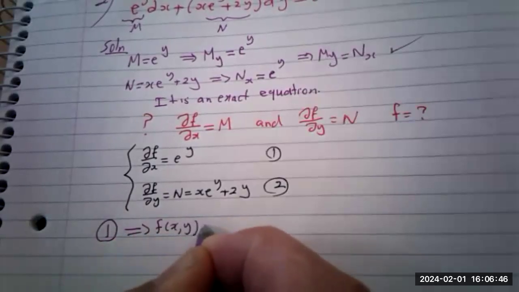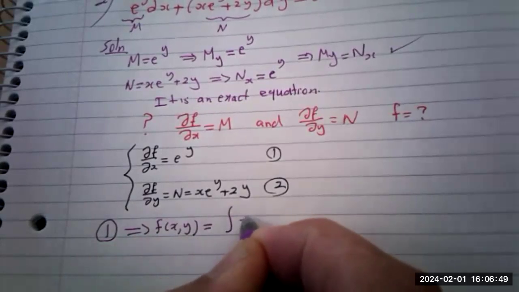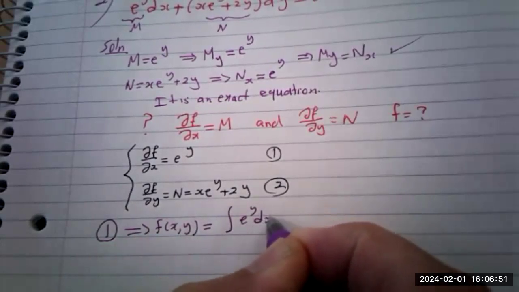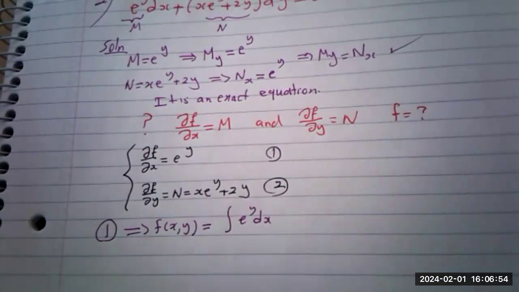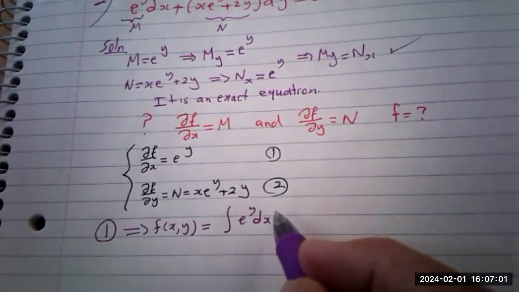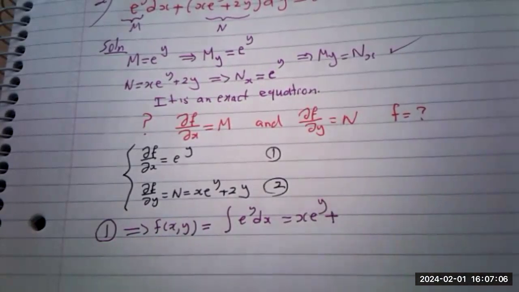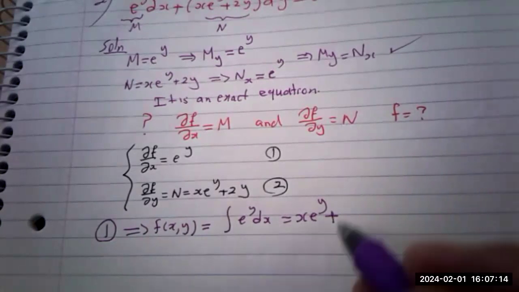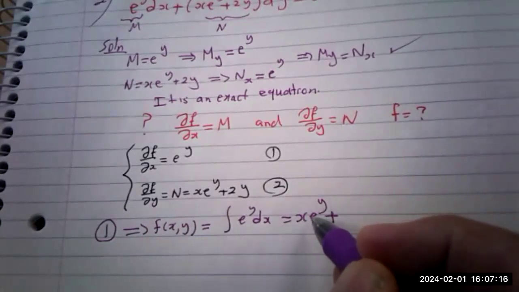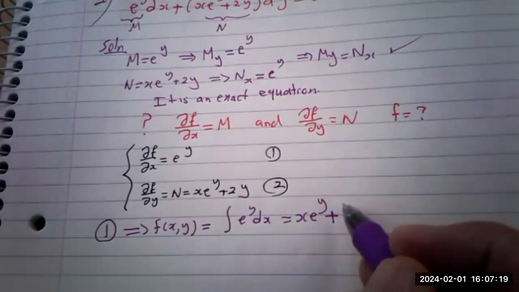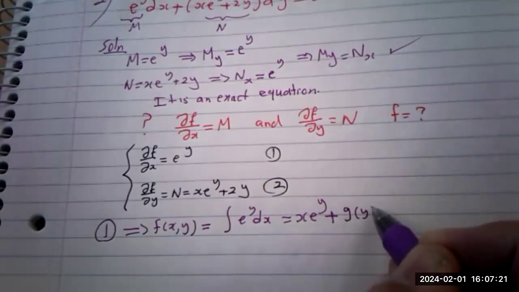I get f(x,y) equal to the integral of e^y dx. e^y is constant, so you're integrating 1. The integral of 1 is x, so this is x e^y, but there is a constant. Since you integrate with respect to x, that constant would be a function of y, so I can have g(y) here.